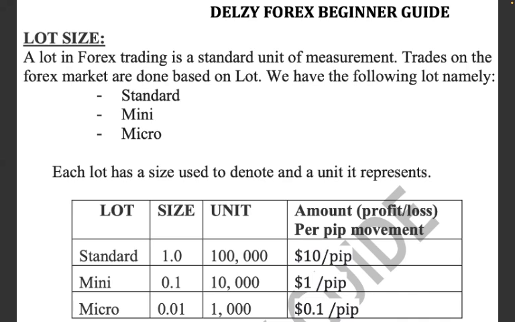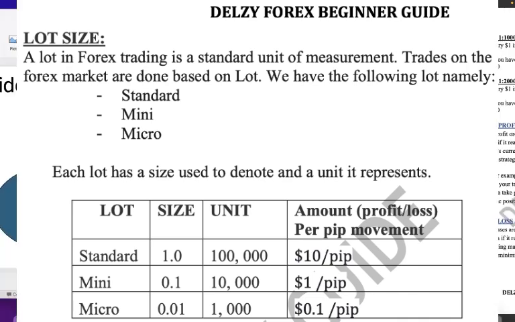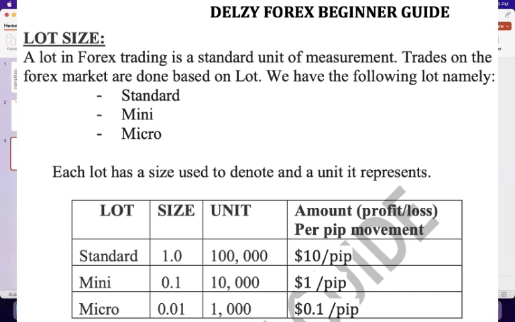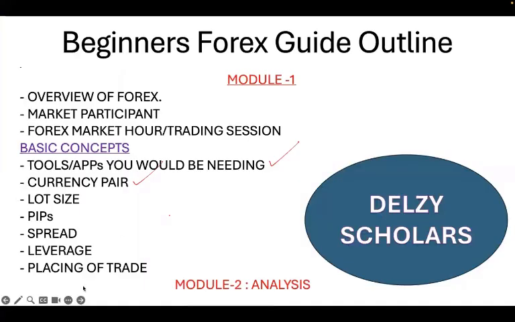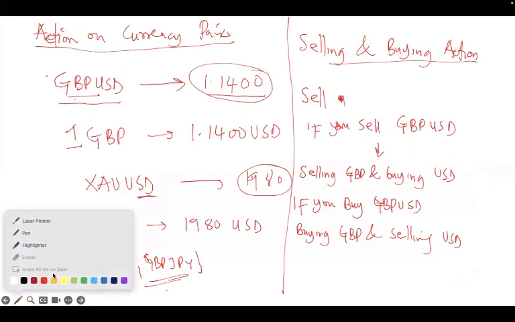If you're buying a currency pair, let's say GBP USD, let's say we want to buy GBP JPY.